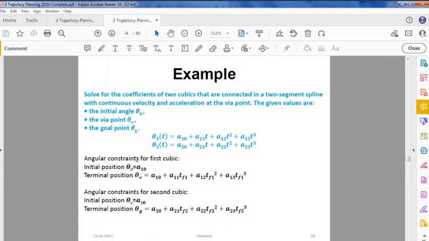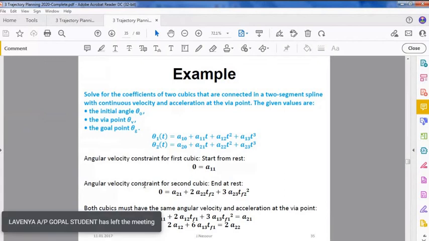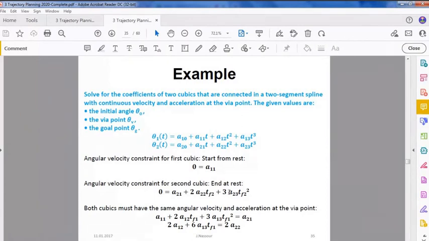Equation number 2 also differentiate, you get velocity. Then the same as before, you cancel all time equal to 0. So you are left with A11 equal to 0. Angular velocity constraint for second cubic and at rest.